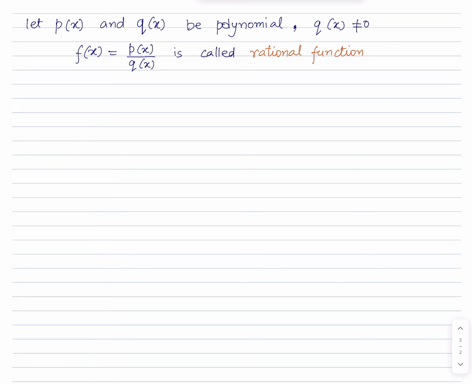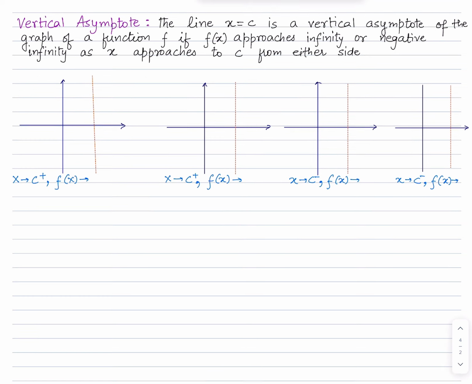Let's talk about asymptotes. We will say line x equals c is a vertical asymptote if we are approaching c from either side, from left hand side or right hand side, and our function is going to either infinity or negative infinity.